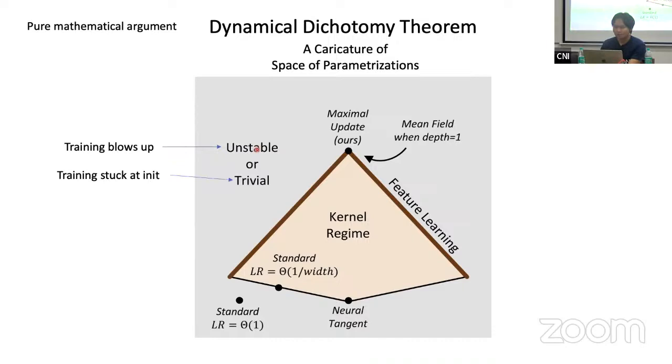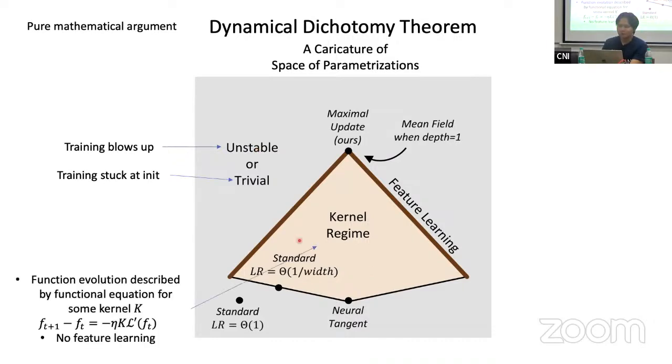They're not interesting. But if you squint very closely, there's an island in the middle of the junk that actually contains more interesting things. Most of the points on this island are called the kernel regime. This means that if you pick a point here and take the width to infinity, then the neural network at infinite width will evolve under gradient descent as a kernel equation, like so.